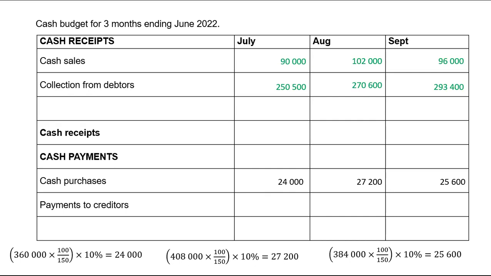The problem comes in when we get to credit purchases. Now you cannot calculate credit purchases until you have calculated your total purchases. And you cannot calculate your total purchases until you have calculated cost of sales. And you cannot calculate cost of sales unless you've been given total sales. Understand that. In the exam, they can be bad.